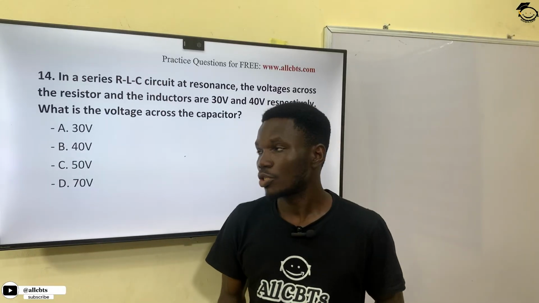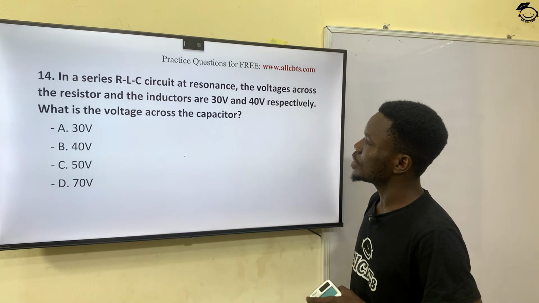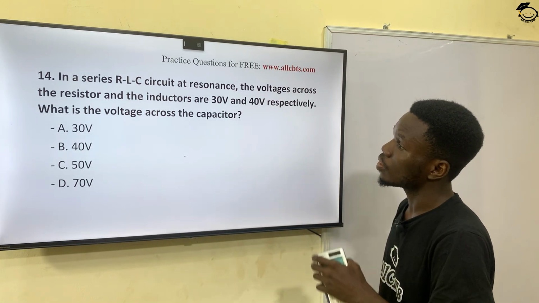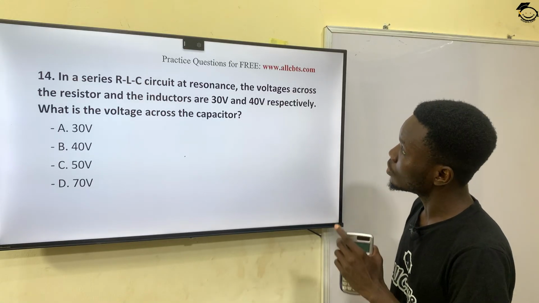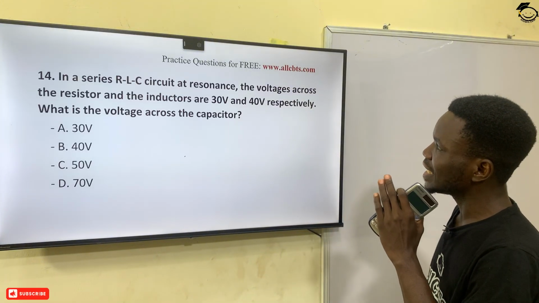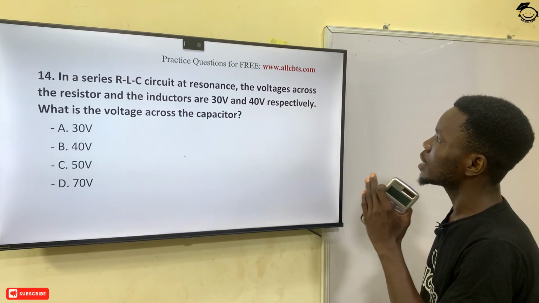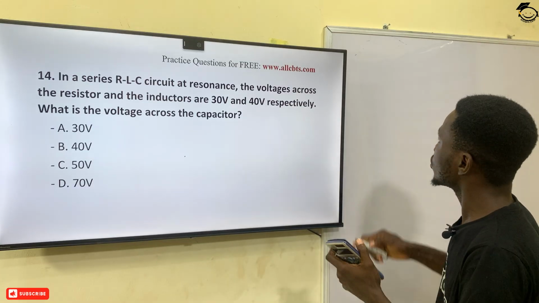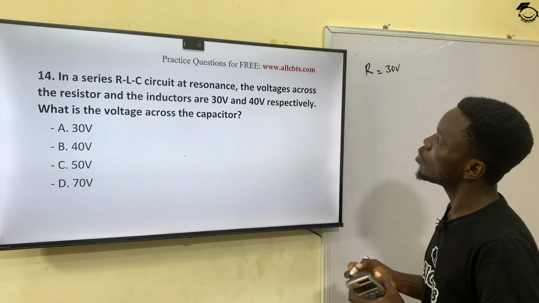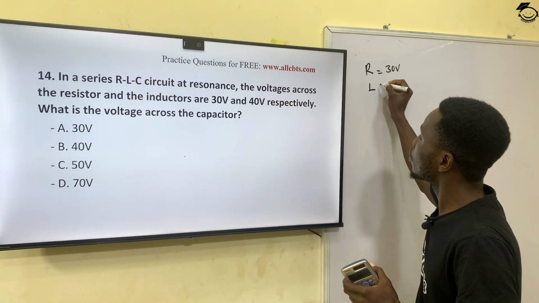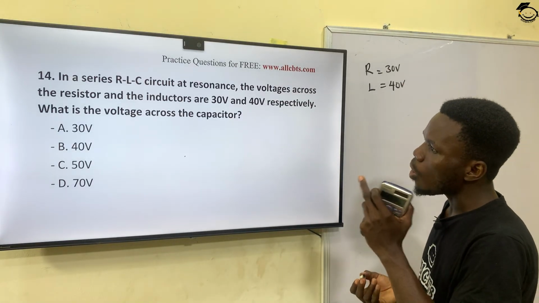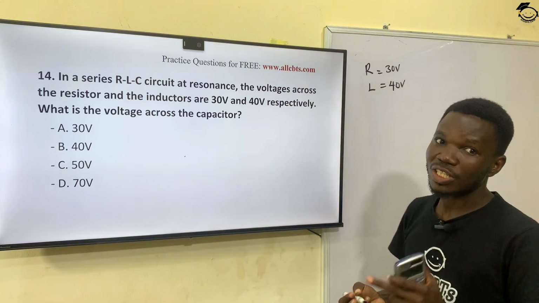So that takes us to question number 14, which says, in a series RLC circuit, that is a resistor, an inductor, and a capacitor circuit, at resonance, the voltage across the resistor is 30 volts and the voltage across the inductor is 40 volts respectively. What is the voltage across the capacitor?